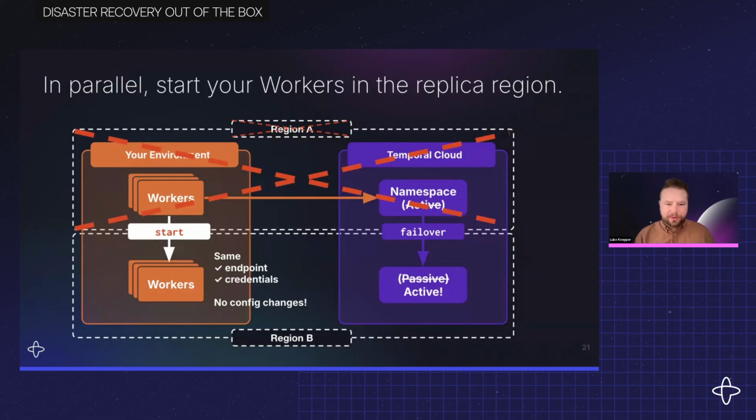So it's the same Temporal Cloud endpoint. It's the same credentials. Those endpoints and credentials, they span regions and they span clouds. So that you don't have to be managing and figuring out how do I get the right credentials to my workers depending on what region it is.